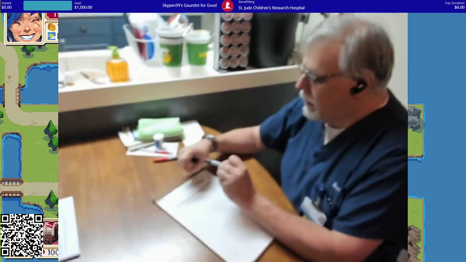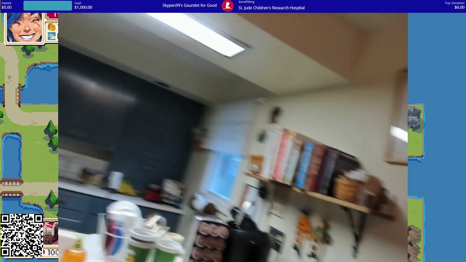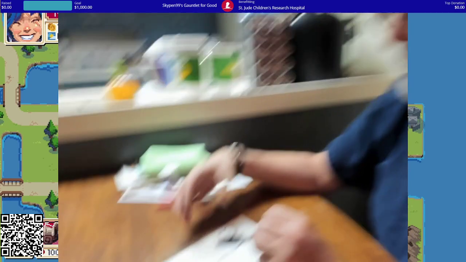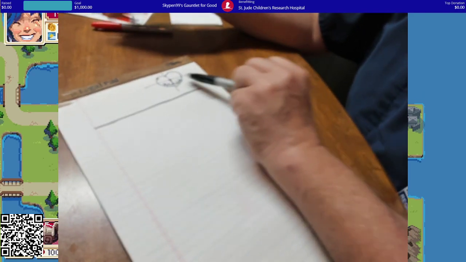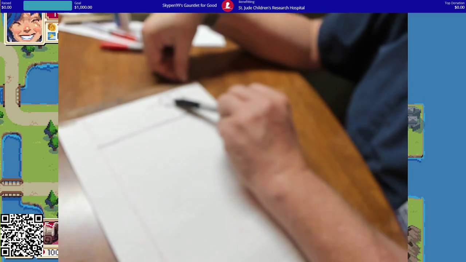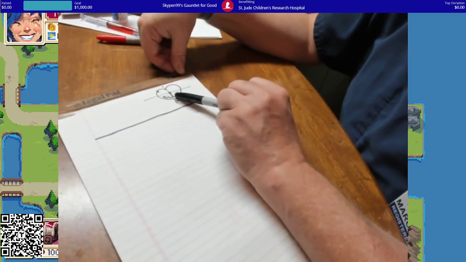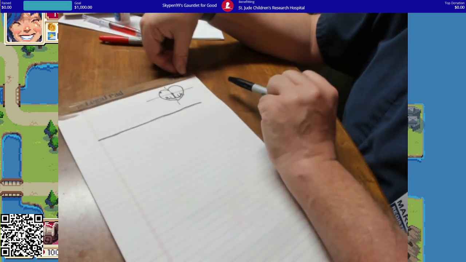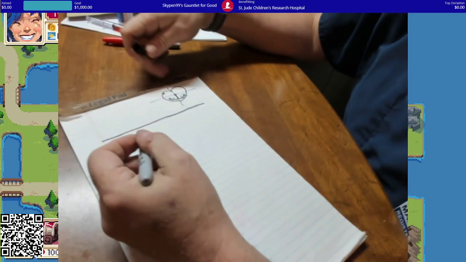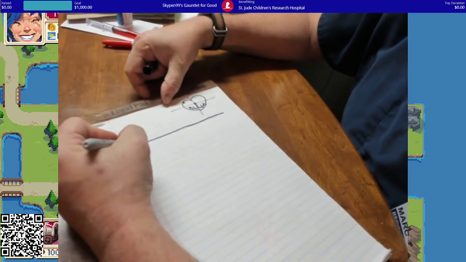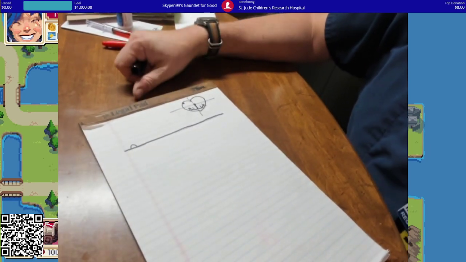So the electrical system starts up here in the SA node, and then the top half of the heart squeezes. The electrical system then comes down to the AV node and quickly disperses to the bottom half, and then you get the bottom half of the squeeze. So when the SA node goes off, you'll see a P wave.